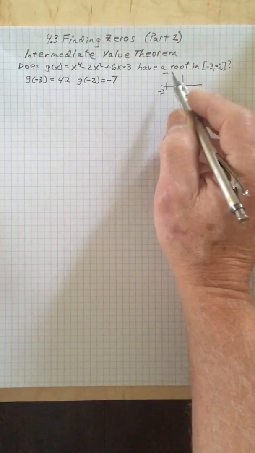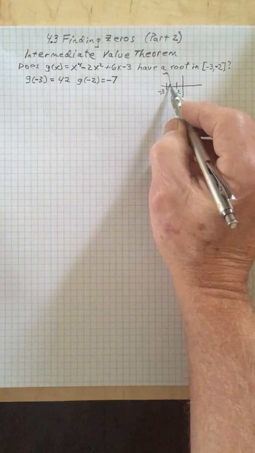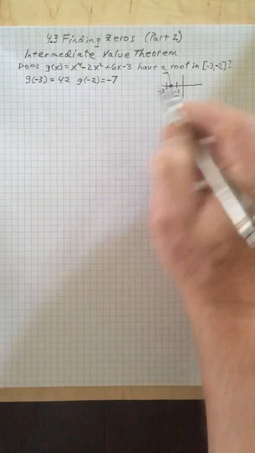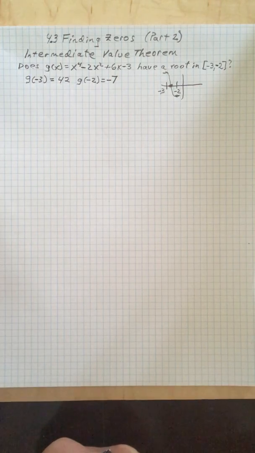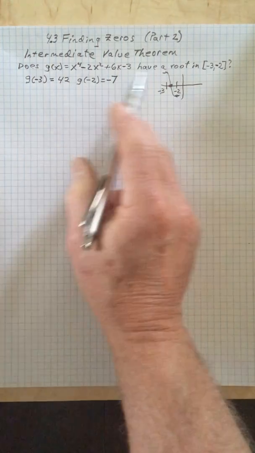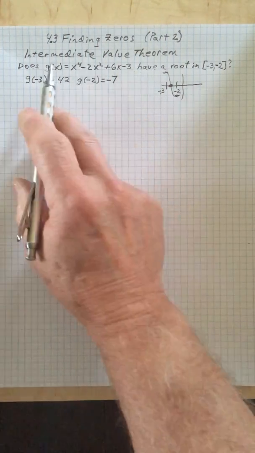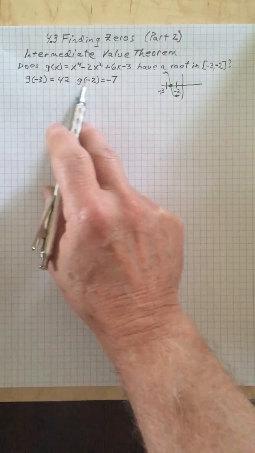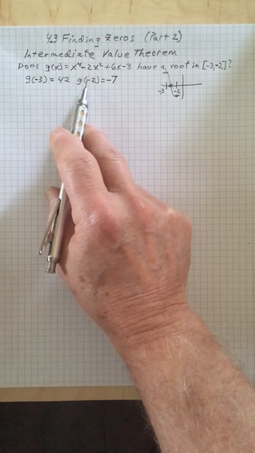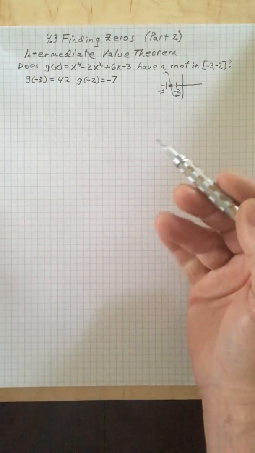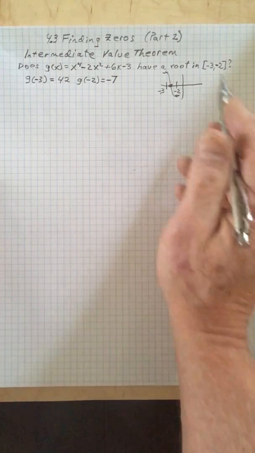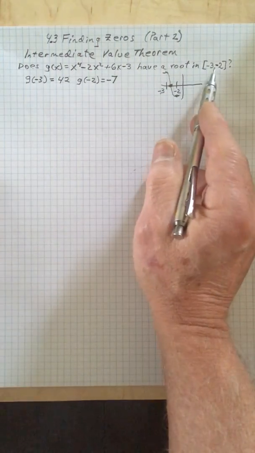So the only way to get from here to here is you've got to cross the x-axis to get there. So again, the intermediate value theorem said if the signs are different between two inputs, -3 and -2 in this case, then yes, you have at least one root. And that's what we have here, and that's how you answer a question like this.